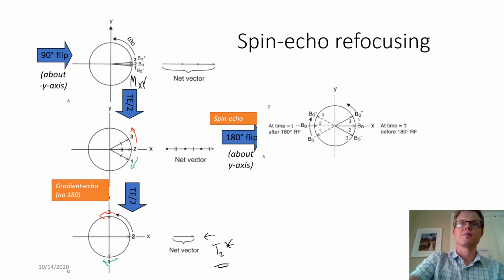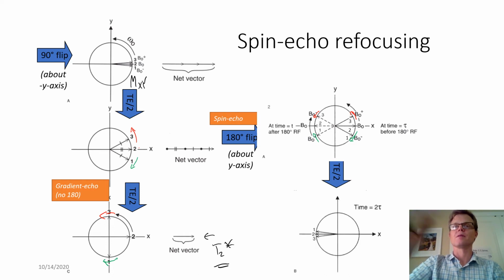But recall that 3 is continuing to move in a counterclockwise direction. 1 was initially moving in a clockwise direction. It's going to continue to move in a clockwise direction because it's still experiencing the same resonance frequency.